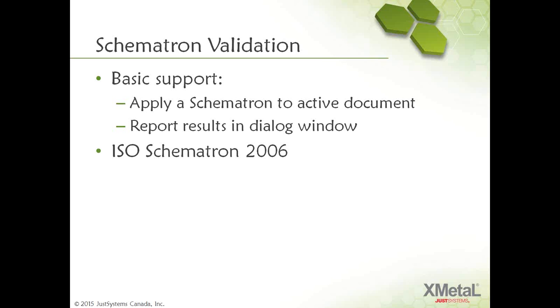What we have now is the ability to apply a Schematron, which is a set of rules, to the active document, meaning the document that you have open in the editor and in the front, and report the results of that Schematron in a simple dialog window.